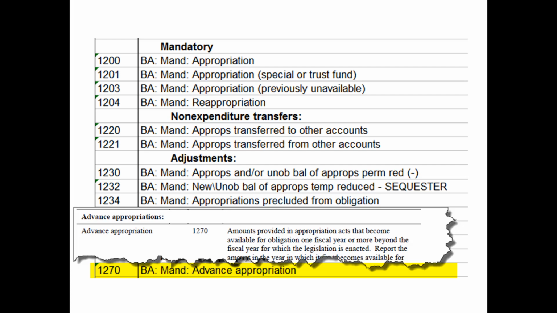So these are the only accounts in HHS that would use this line. These advance appropriations exist in order to permit mandatory payments scheduled by law to go out on October 1 for the first quarter of a fiscal year, even under a continuing resolution. So do not use this line for permanent appropriations.